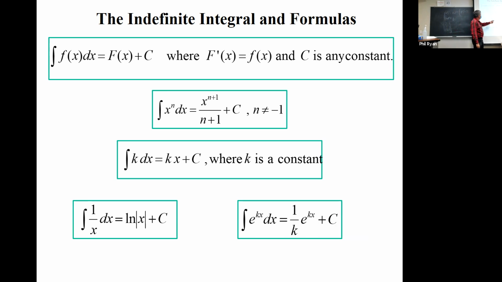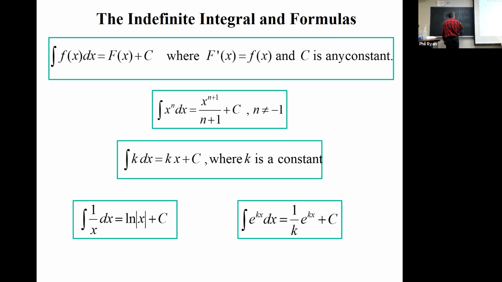We know that the derivative of k times x is just k. So that means the integral of k is just kx plus c. And then finally, we know that the derivative of e to the kx is k times e to the kx.